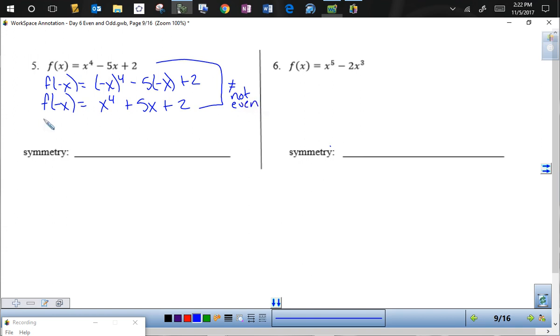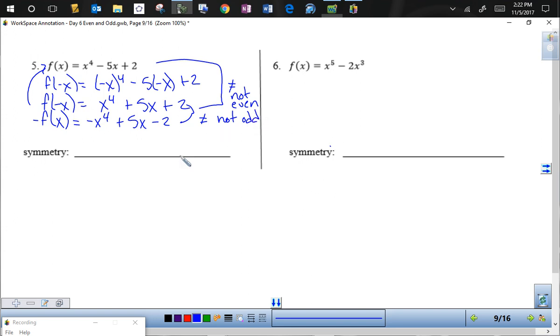Our next step is to see, well, maybe it's odd. So the opposite of f of x, we just switch what we've got up here. So it becomes a negative x to the fourth, a positive 5x, and a negative 2. And we'll compare these. Our signs are not the same here, so those aren't equal, so it can't be odd either.